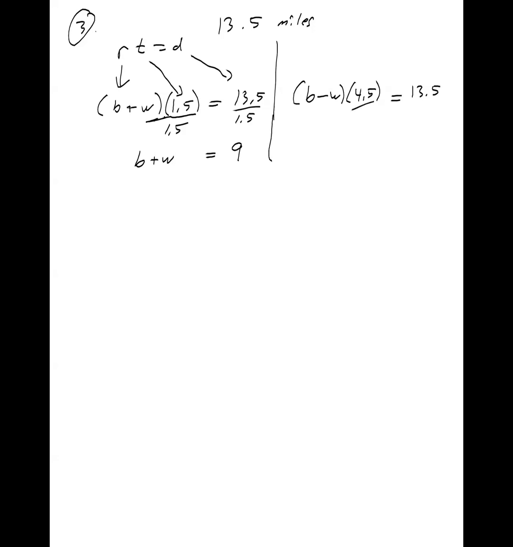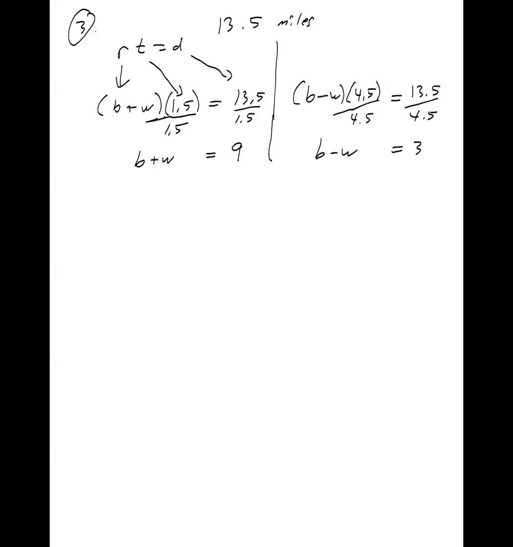Now this one we're going to divide both sides by 4.5. And on the left side, the 4.5 cancels out. But on the right side, what is 13.5 divided by 4.5? That's 3. So we get the boat minus the water equals 3.